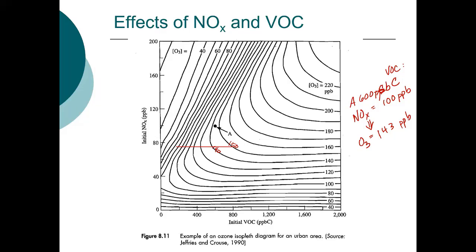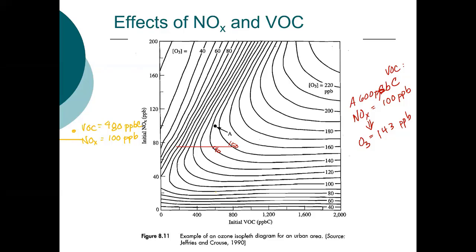So now, what happens if we decrease the VOC concentration by 20%? I'm going to change the color. This orange color is for a VOC concentration of 480 parts per billion carbon. The NOx remains the same.